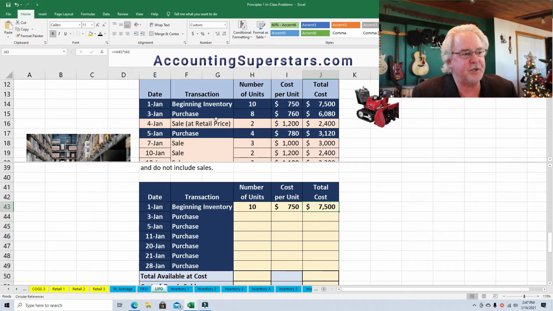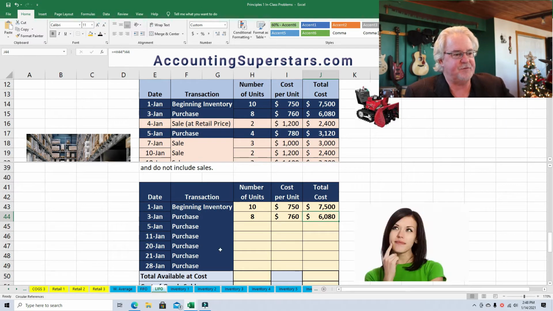gives you $7,500. Now, on January 3rd, Fred made a purchase of 8 snowblowers, and those snowblowers cost $760 each. If you do the math, you get $6,080. All I'm doing is copying this line down to here.